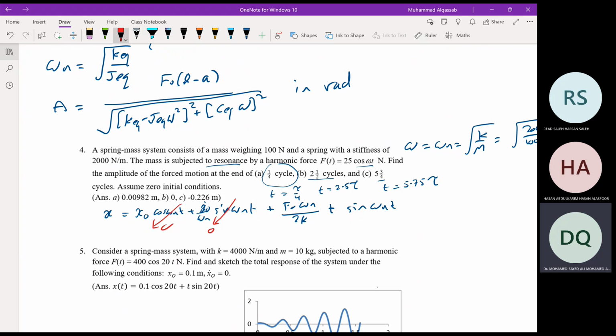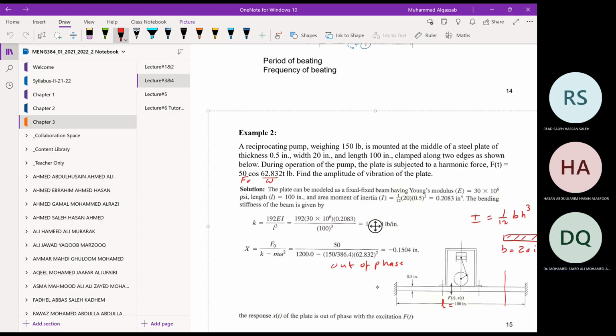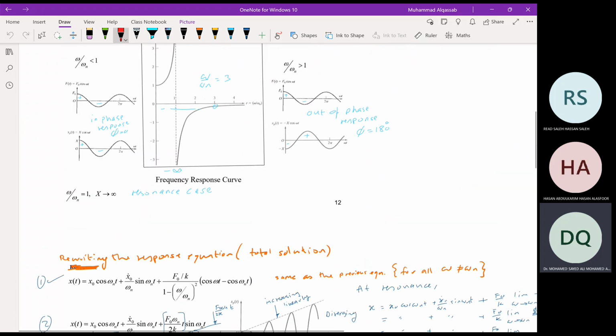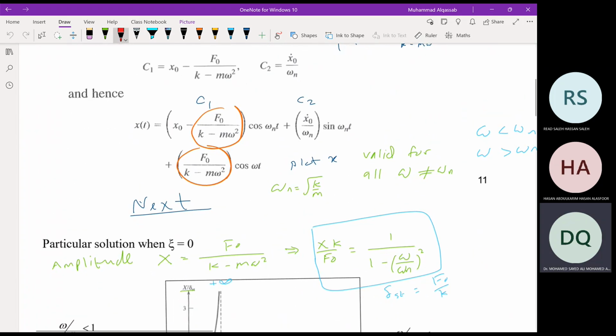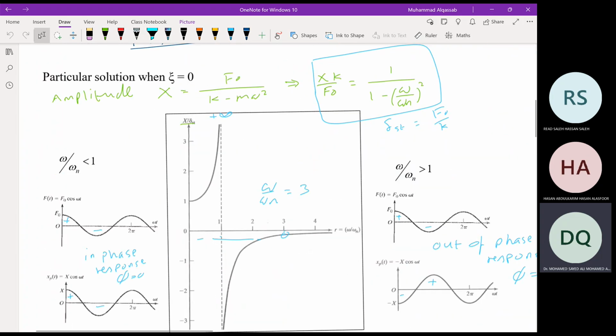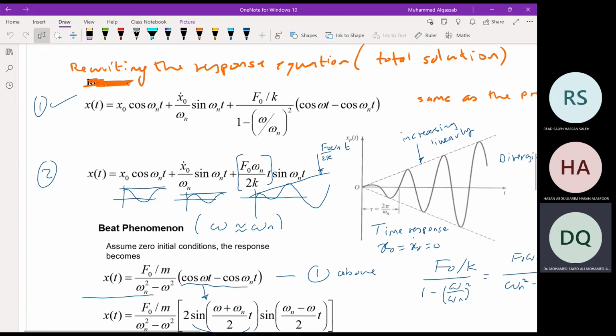Okay, so I will just take you back to the lecture to refresh what we did. This is the equation we said is valid for all omega except omega equal to omega n. I called it equation number 1, which is valid for all omega except omega n.